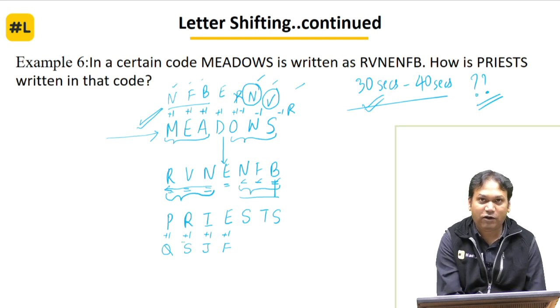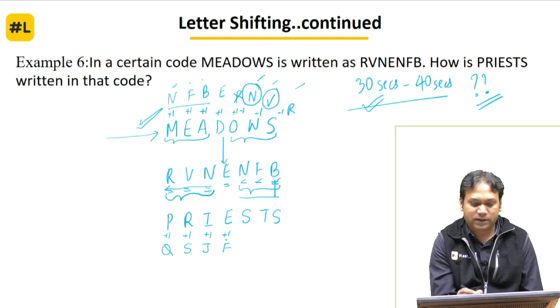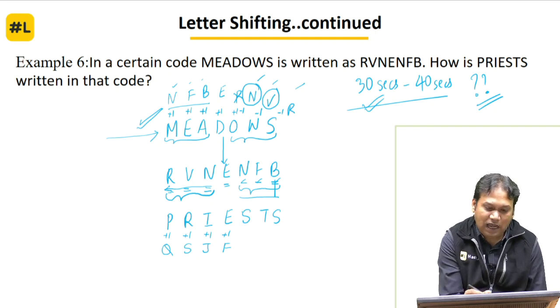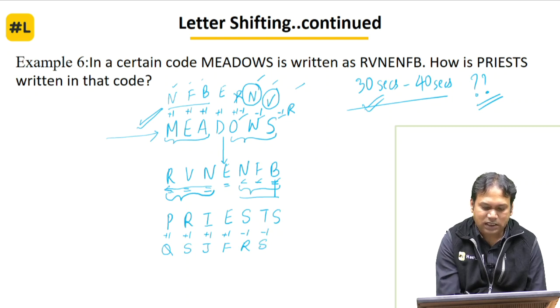The same thing I am doing here with the word PRIESTS: Q, S, J, F. Now for the last 3 letters, minus 1, minus 1, minus 1. So S minus 1 is R, T minus 1 is S, and S minus 1 is R.